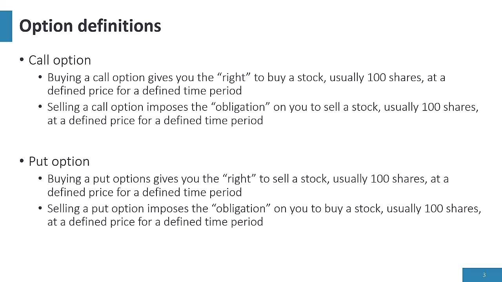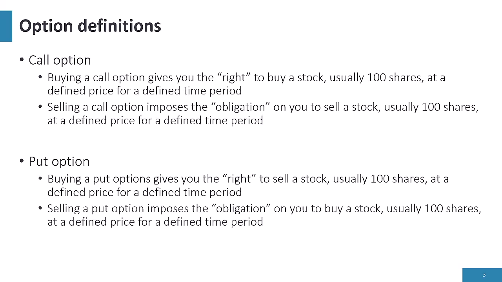So the key takeaways from this video: one option is equal to 100 shares. If you buy a call option, it's going to give you the right to buy 100 shares of the stock at a specific price for a specific time. If you buy a put option, it's going to give you the right to sell 100 shares of a specific stock for a specific time at a specific price.